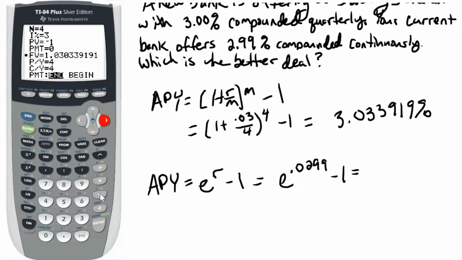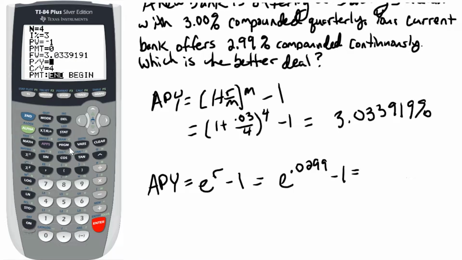At the end of it, I just subtract 1 to get rid of the original dollar I put in, then I've got exactly what we see up here on our previous answer, except that's the rate. That's the decimal. We want to turn it into a percentage, so we'll go back to the end here, and we will multiply by 100. And we'll see that we get exactly the same thing that we got before.